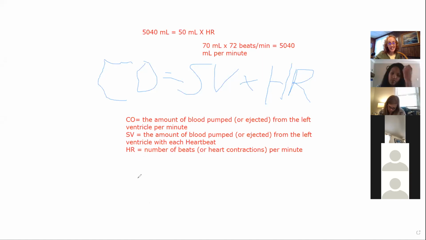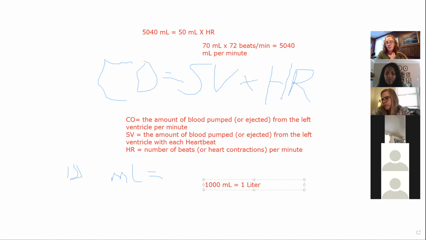They're putting it in liters. So the way we convert this down is 1,000 milliliters equals 1 liter.